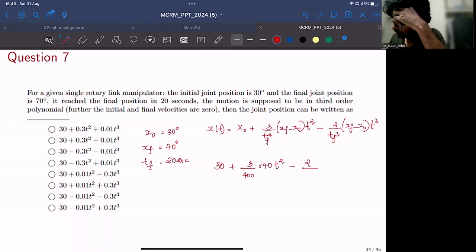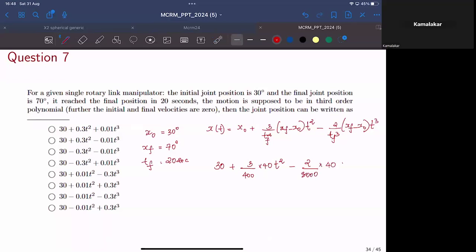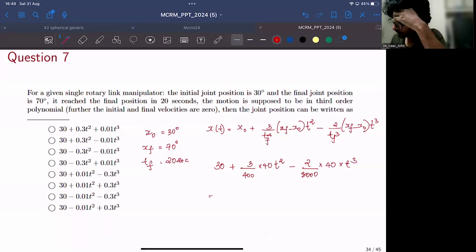That'll be 20 cube, that is 8,000, multiplied by 40 into t cube. So this will be 30 plus 0.3 t square minus 80 by 8,000, that will be 0.001 t cube.